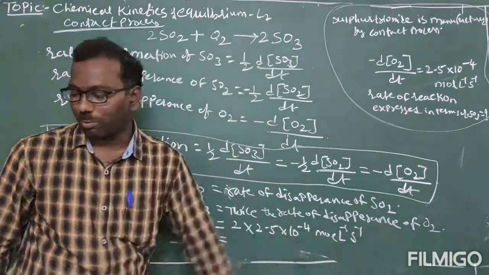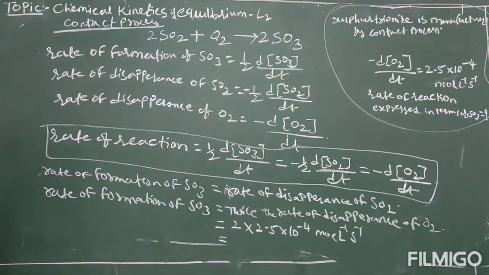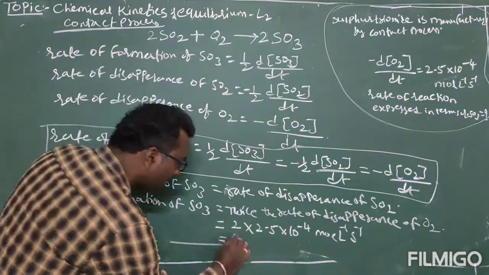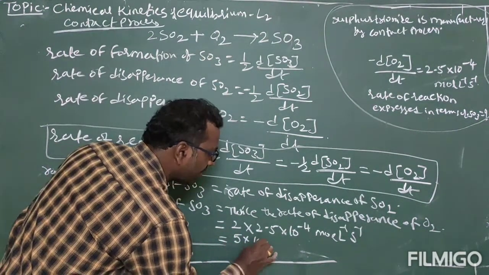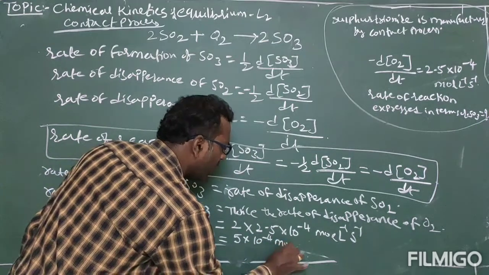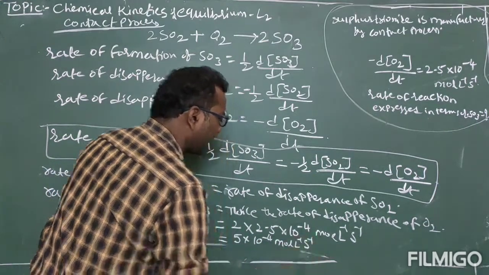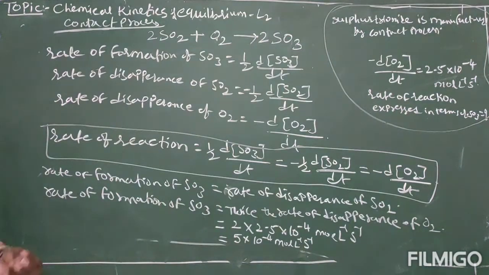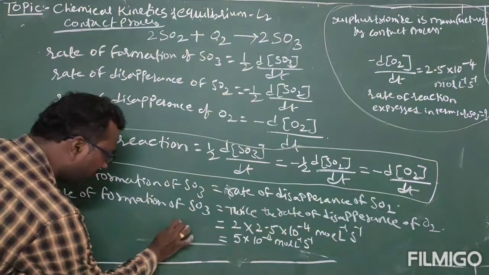So 2 into 2.5 is how much? It is 5. So 5 into 10 power minus 4 mole liter inverse second inverse. So this is the rate of formation.